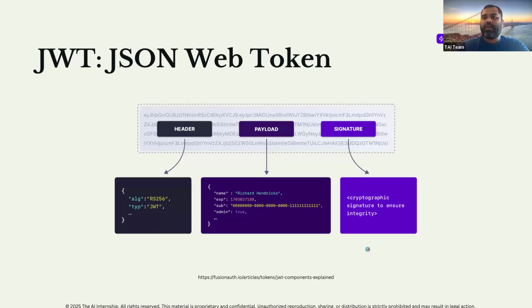You can hijack tokens and send malicious tokens to get access. So you need to make sure that the token was created from the original source, and you can sign this cryptographically to make sure that this is a valid token.